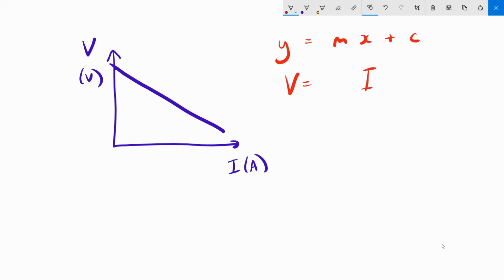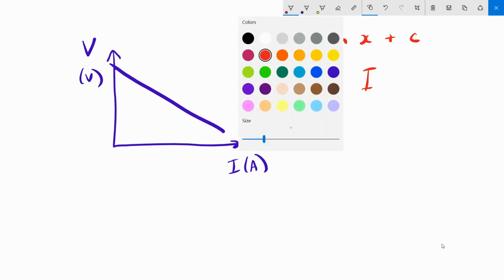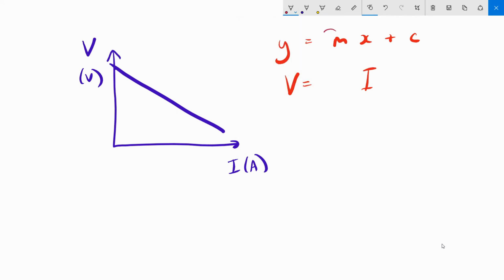On the y-axis, we've got the voltage. On the x-axis, we've got the current. What is multiplying the x is minus r, and what is added on at the end is the EMF of the cell. So that means the y-intercept is the EMF of the cell.